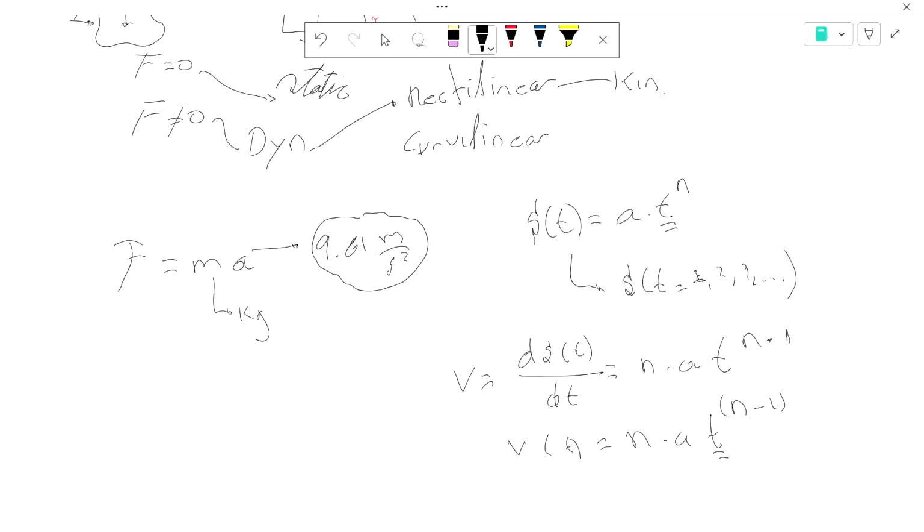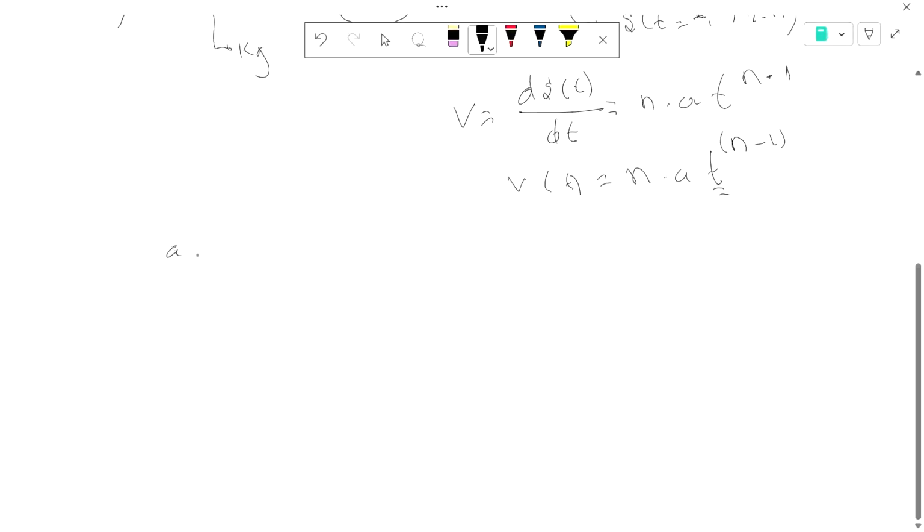On the other hand, if they give you the acceleration, oh, by the way, this is just a constant, it's not acceleration. But if they give you acceleration as a function of time, let's do this better. Acceleration as a function of time is equal to 5t plus 2.